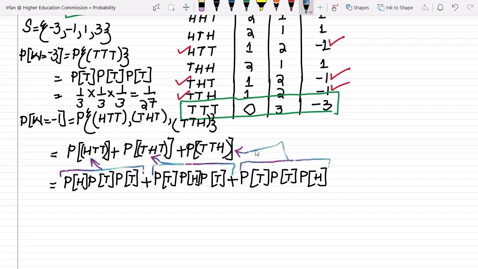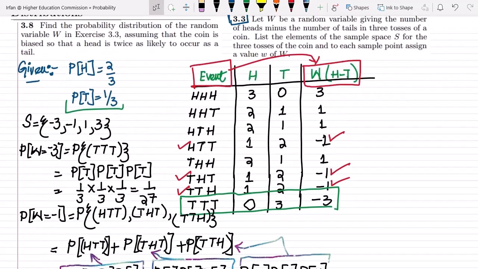Let me put their values, because we have previously seen that the probability of heads is 2/3, and the probability of tails is 1/3.